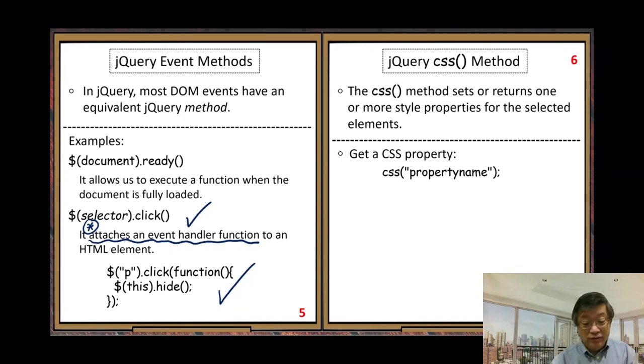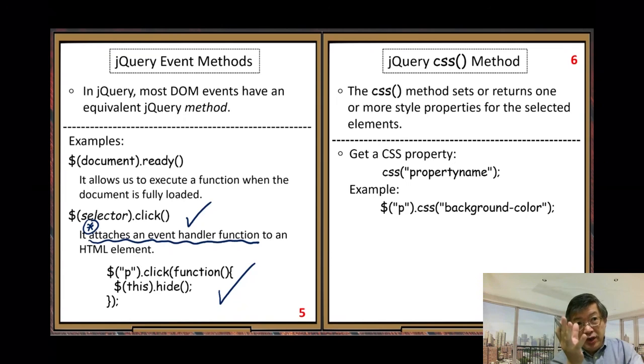So we will see some examples regarding this feature. Look at a simple example. CSS, this time we want to retrieve the background color property value. So what is the background color? After we retrieve it, we can do further processing.